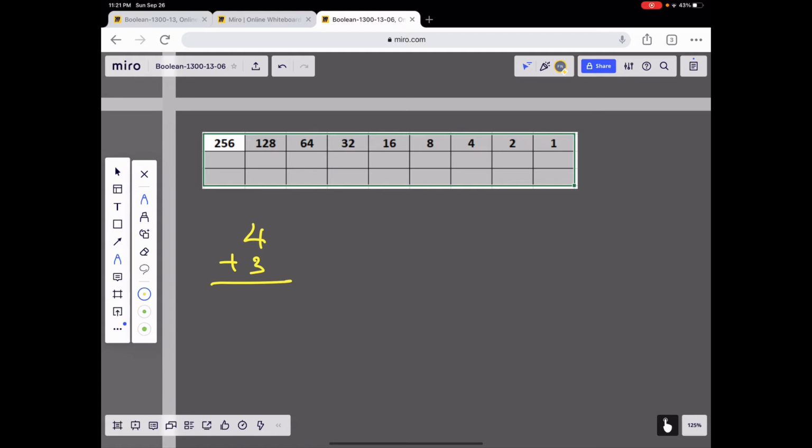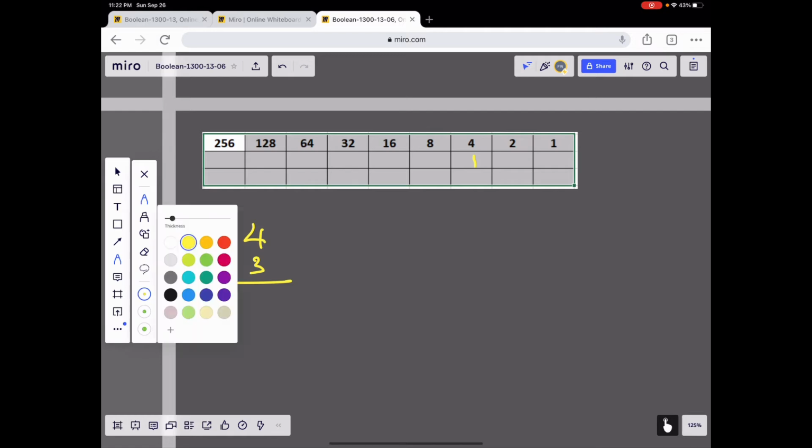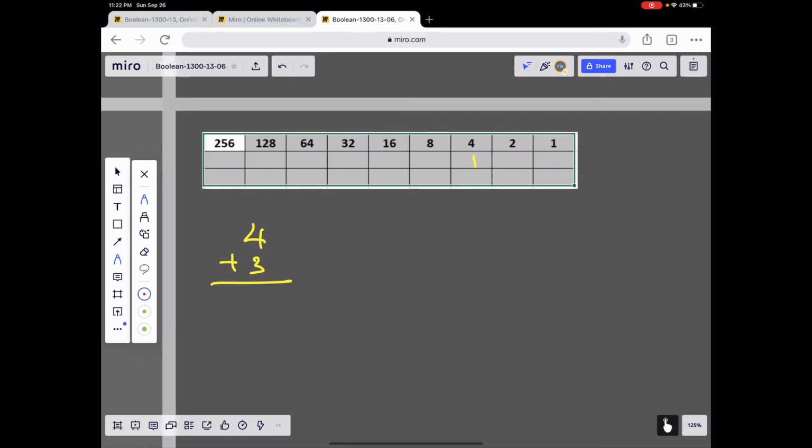All right. 4 is right here, using the red. Okay, 4 plus 3. So 4 is 1, 0, 0. And they're using 4-bit words, so you add 1 more 0 in here. And then add with 3, that means 1, 1, 0, 0.